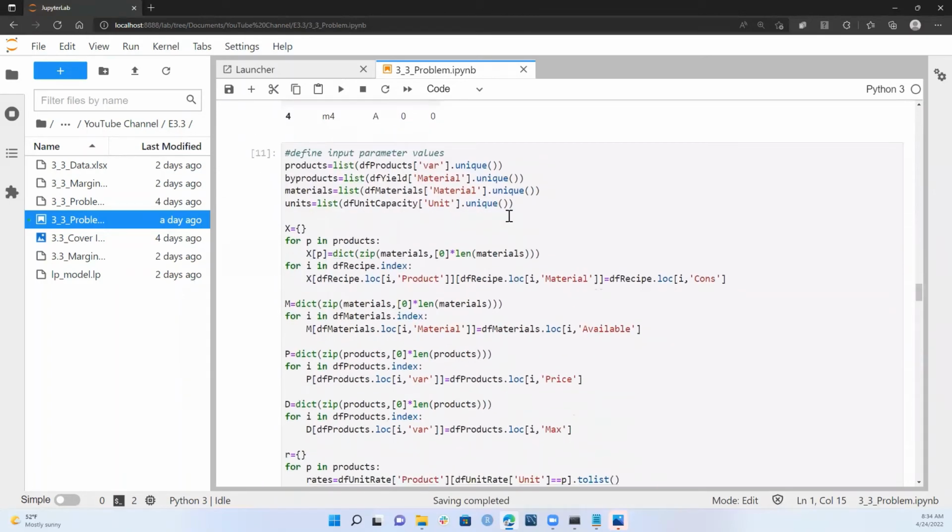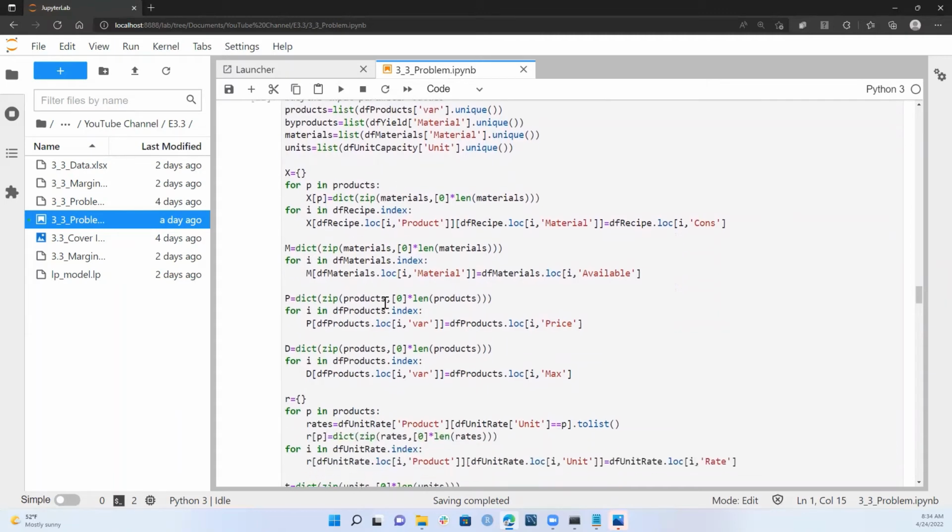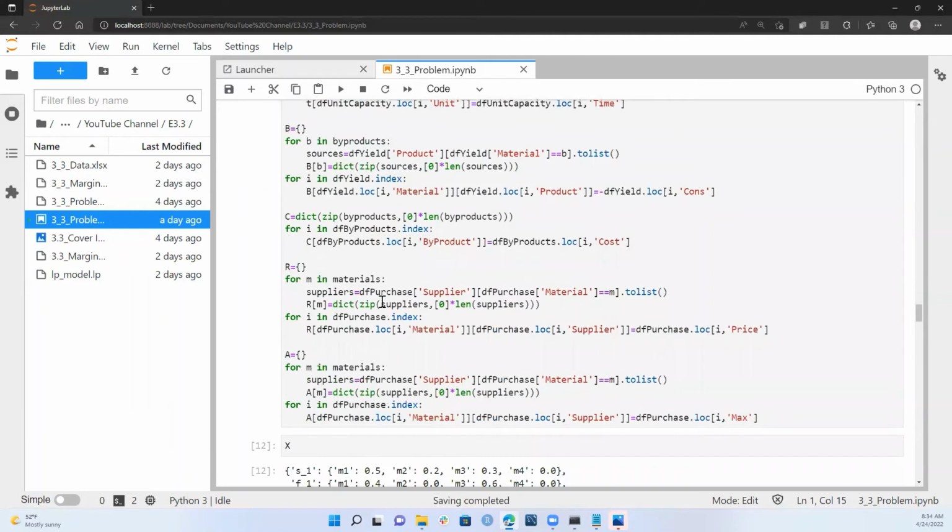And so now I'm ready to construct all the dictionaries in order to build my mathematical model. We've covered the construction of these dictionaries in the past, so I'm going to skip down to the end and talk about the two new dictionaries, which are R and A. R sub JS represents the cost of material J from supplier S. I use dict in conjunction with the zip function to create a dictionary where each individual material is the primary key, with a set of subkeys which are suppliers, and the values represent the cost of that material from that supplier.